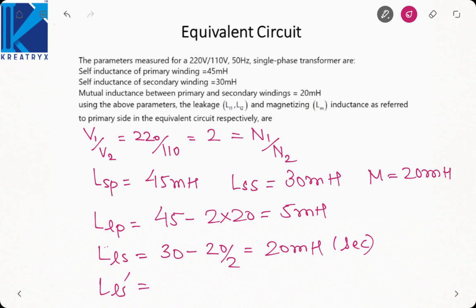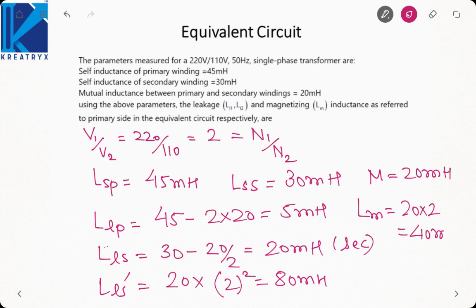So when you refer it to primary, 20 into N1 by N2 square, that is 2 square, that is 80 millihenry. What about mutual or magnetizing inductance? That is N1 by N2 into M, 20 into 2, that is 40 millihenry. So that is how you deal with the inductances in a transformer.